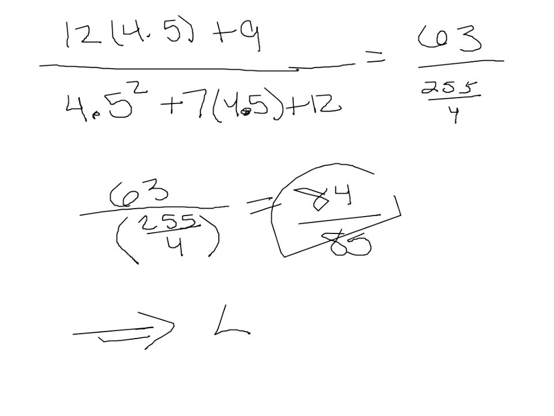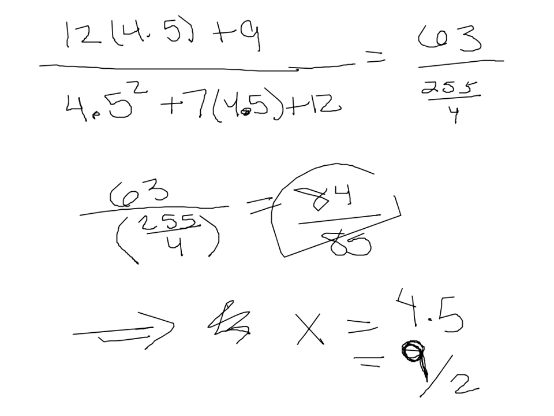So 84 over 85 is not my answer. What my answer is, x equals 4.5, and I can consult my calculator. Oh, well, might be able to do it in my head. 4.5 is 8 halves plus another. You can put it into your calculator and do the math frac, and it comes out to be 9 halves.